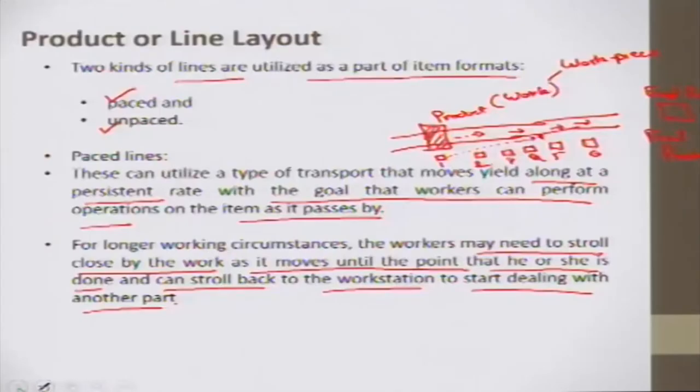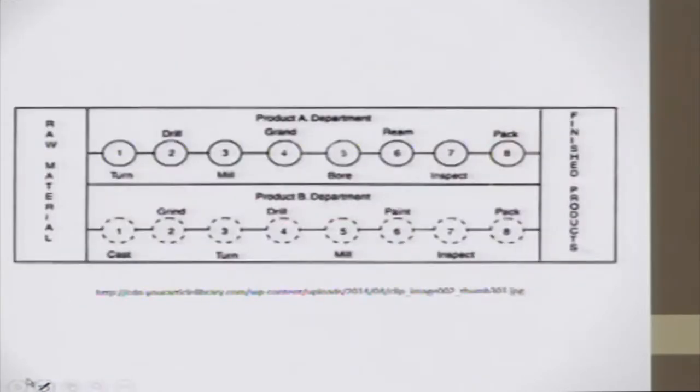The line balancing is done in product layout. This is a kind of a product layout here. The raw material is coming in. We have one process: turning, drilling, milling, then grinding, boring, reaming, inspection and packaging. And the product 1 is out.